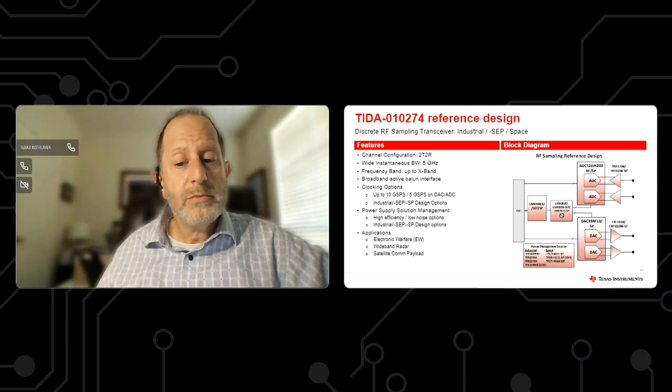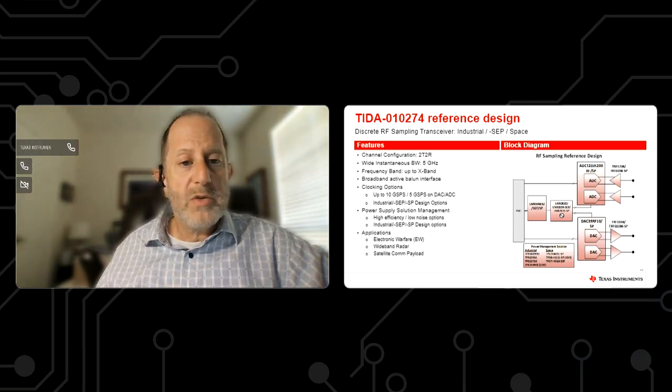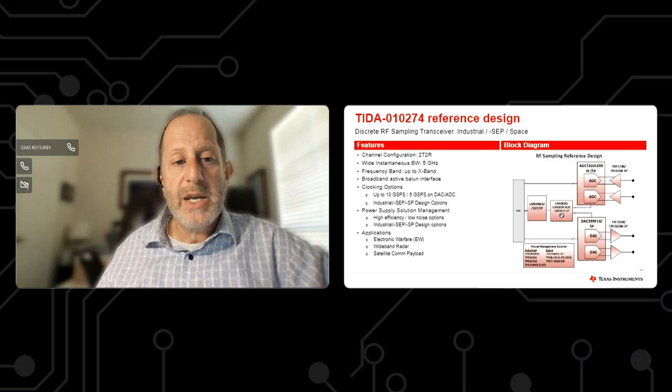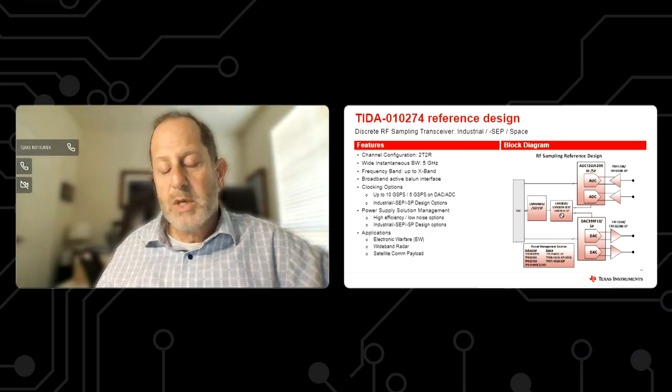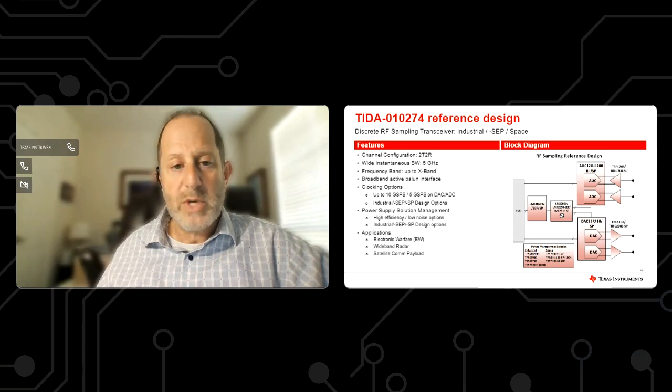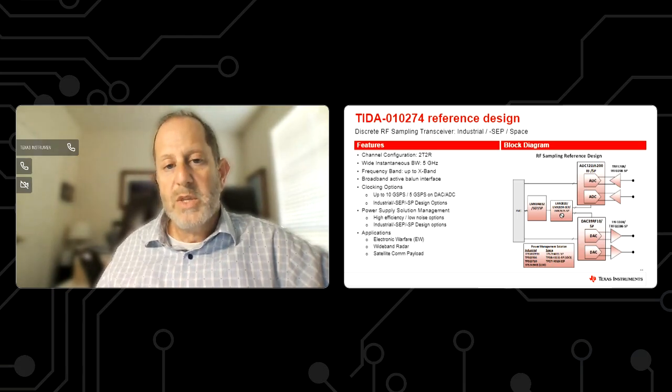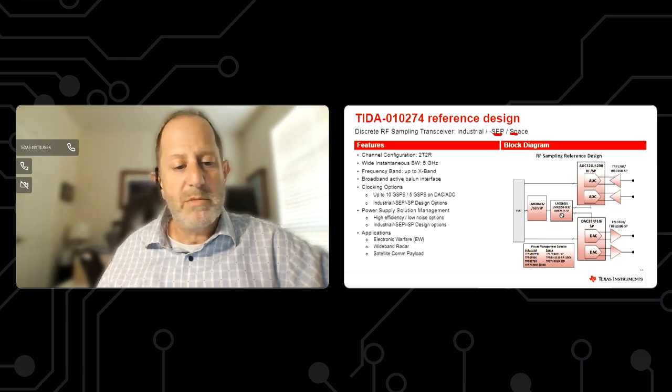So the first one I'm going to talk about is a TIDA-010274 reference design. This is an RF sampling transceiver. It is designed so that it can support not only industrial applications, but also the space-enhanced plastic we just mentioned and a full space-grade solution as well.